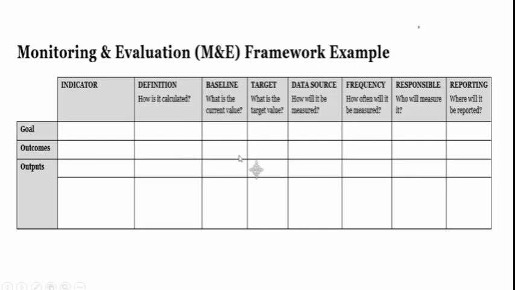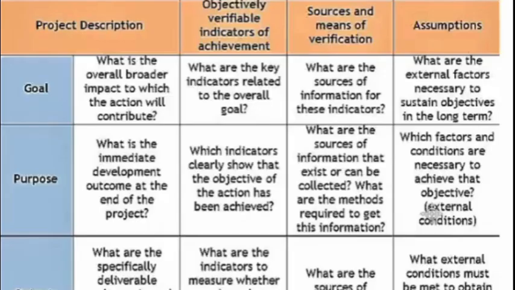The M&E plan sits under the system. The M&E framework sits under the plan. The framework is not the system itself. Instead, it provides a summary, an overview of how the system works. Like any system, it is made up of components, and these components define what the framework looks like.